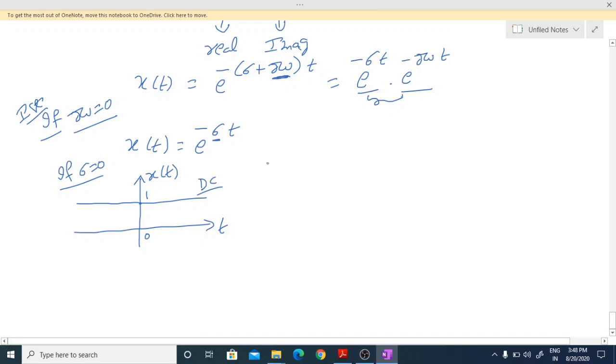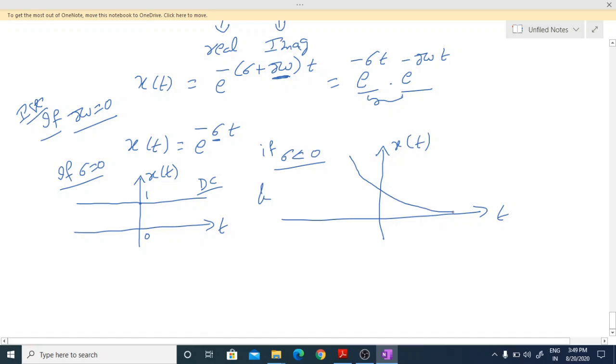If sigma is less than 0, then we get an exponentially decaying signal.